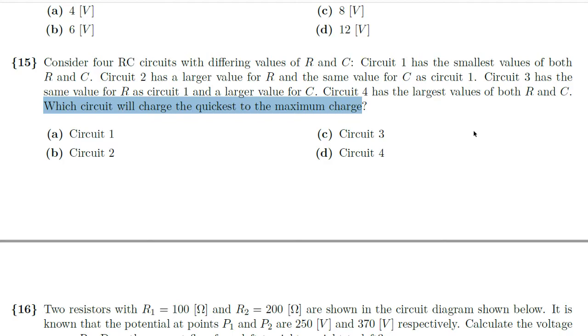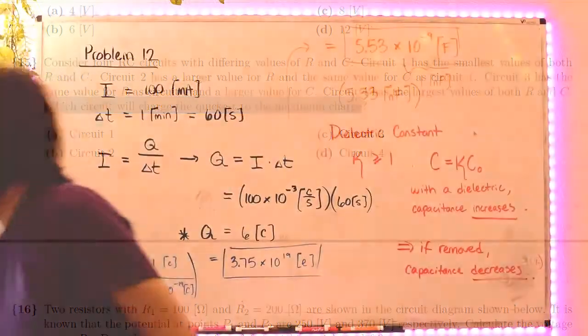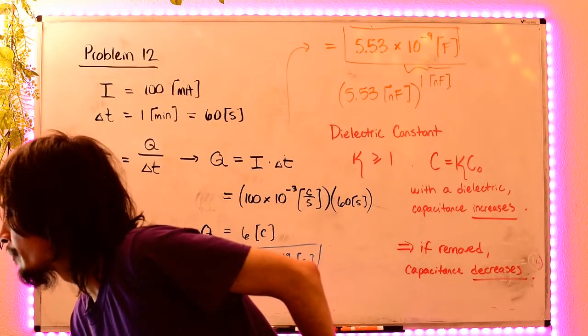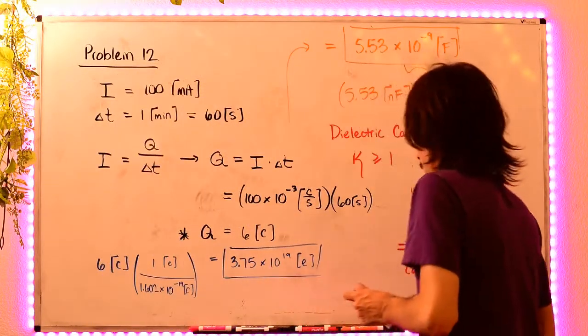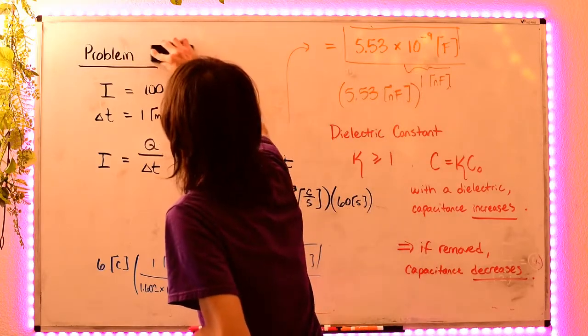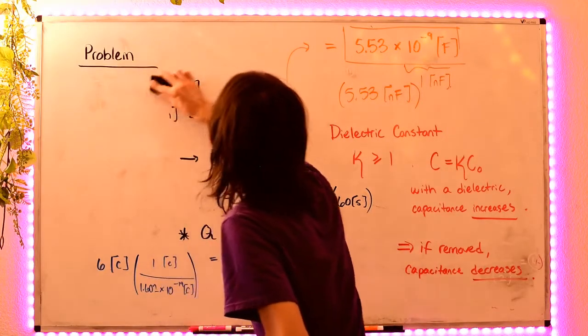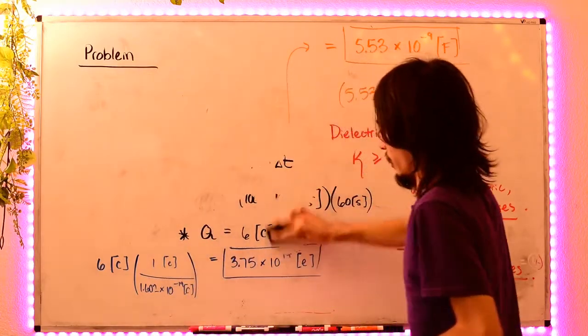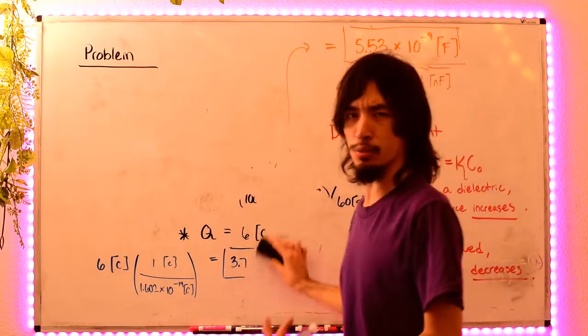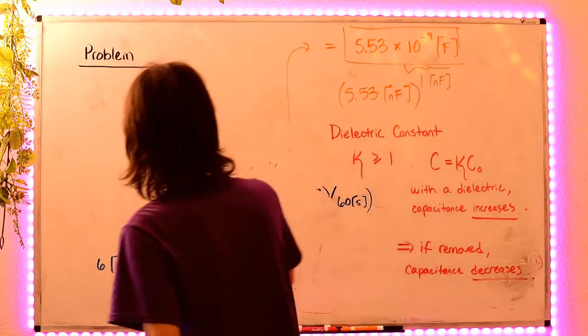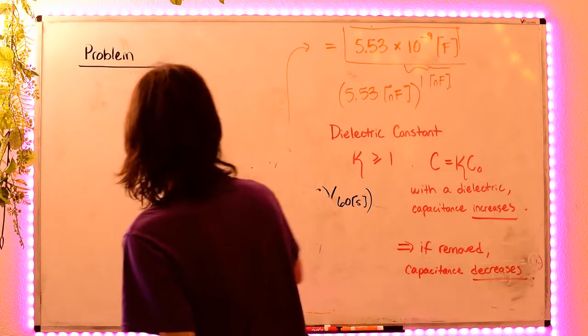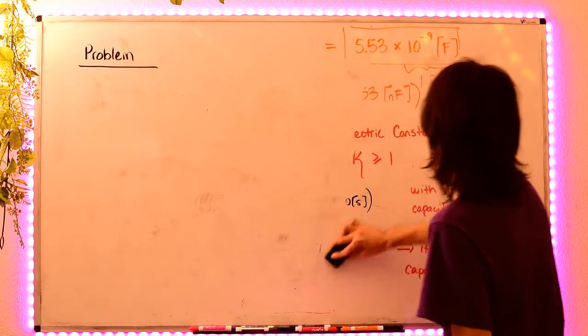So in an RC circuit, what you should understand conceptually is that... so let's write out problem 15. Let's draw out an RC circuit with a switch as well, because I'm just going to say the switch closes and it basically turns the circuit on. So it activates the circuit.